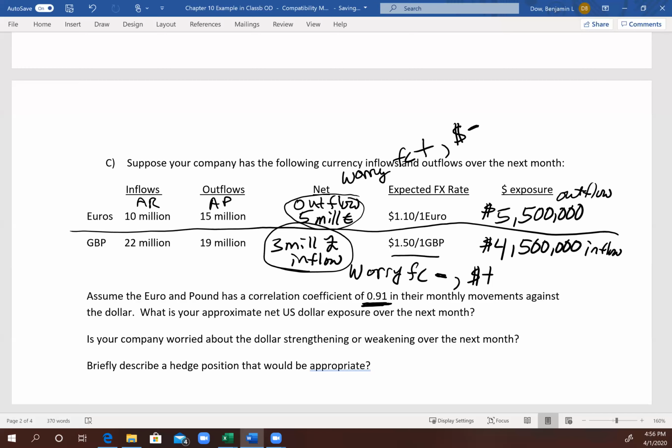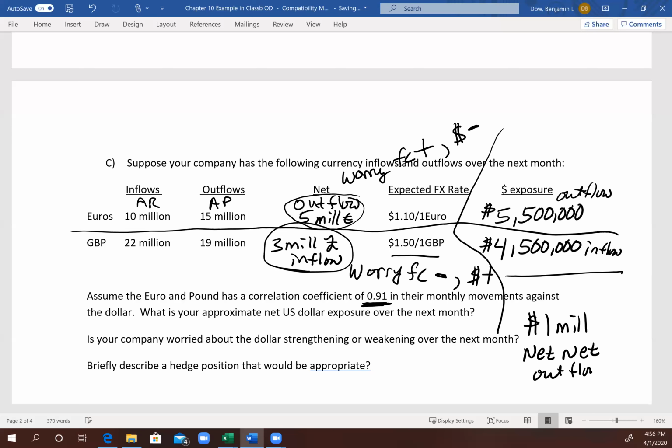So let's assume they're perfectly correlated. If they were perfectly correlated, that means they moved exactly the same. If they were perfectly correlated, then we would have what? Only about $1 million net outflow.